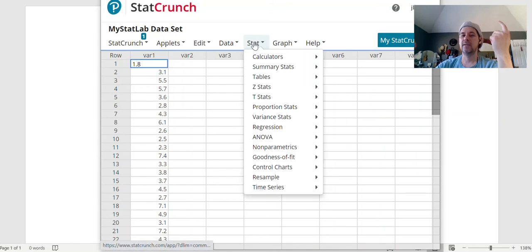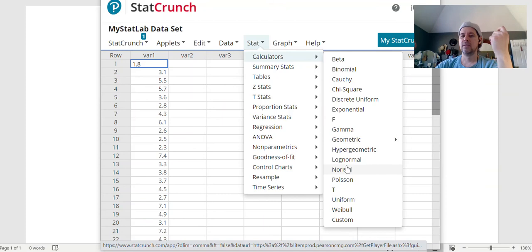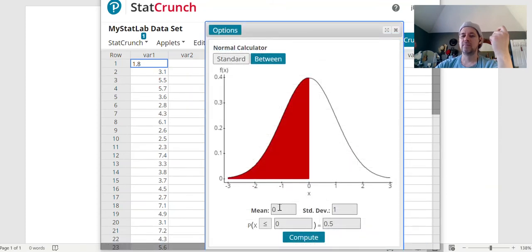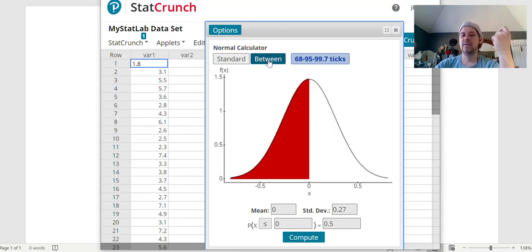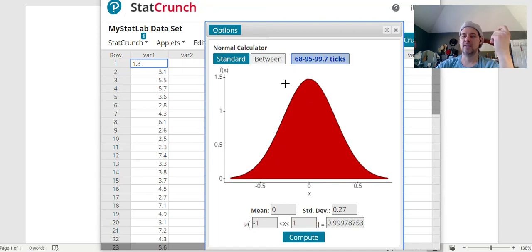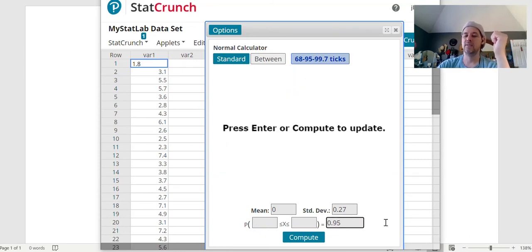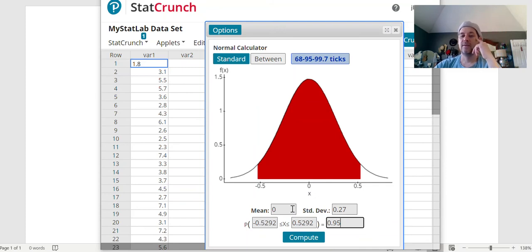So I do that by, let's see, calculators, normal, mean 0, standard deviation 0.27, and I need to set it to between, because like I said, the numbers I need come from blocking off 95% of the area under that curve. So I set it to between, and this is going to be 0.95, and there we go.